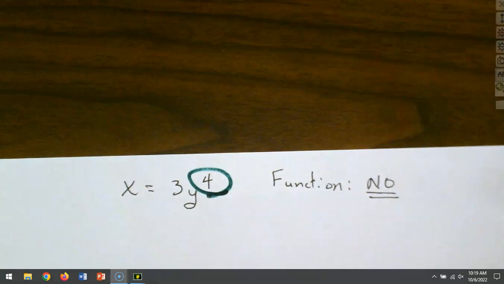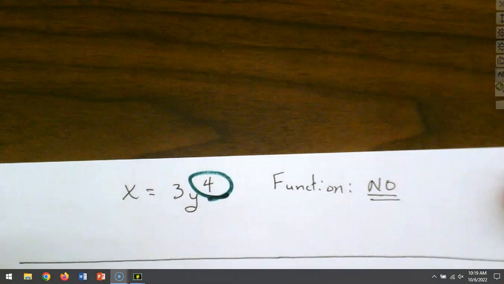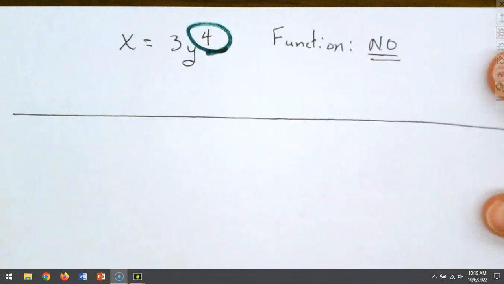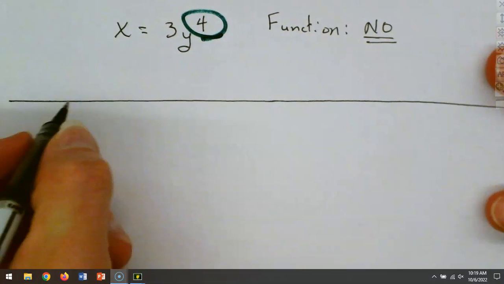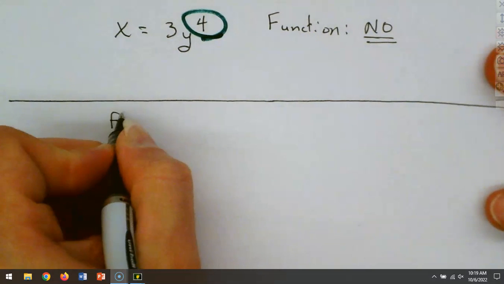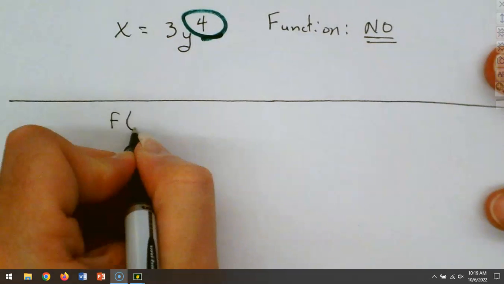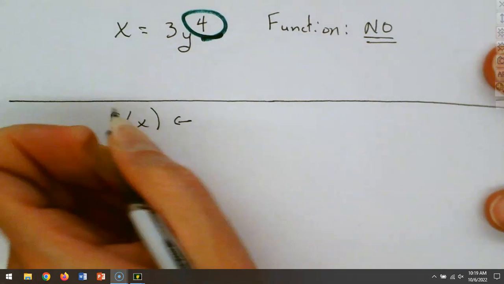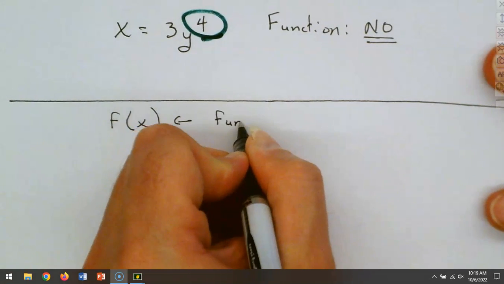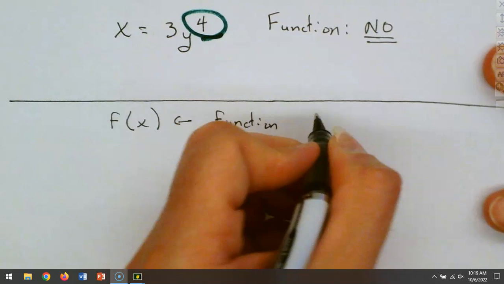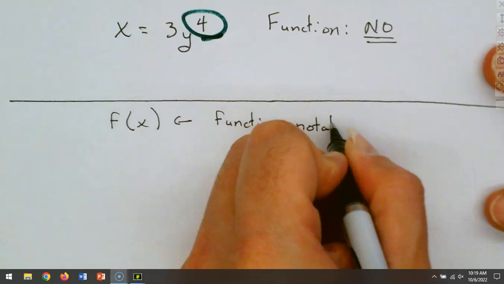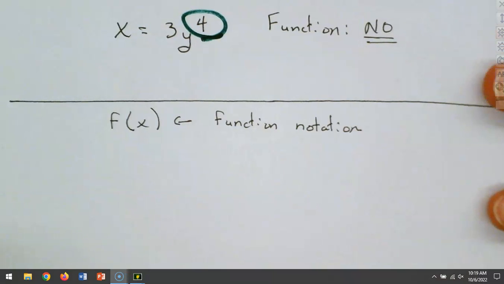Now, the last part of this section, we're going to talk about function notation. Function notation is this, f of x. And it can replace y.